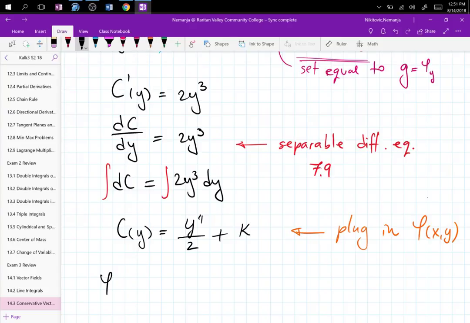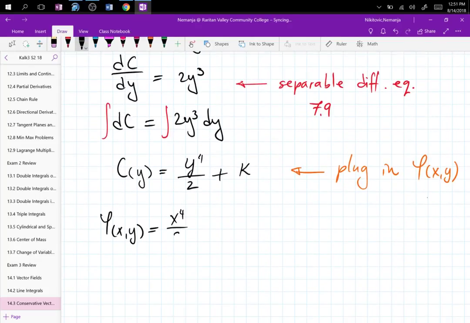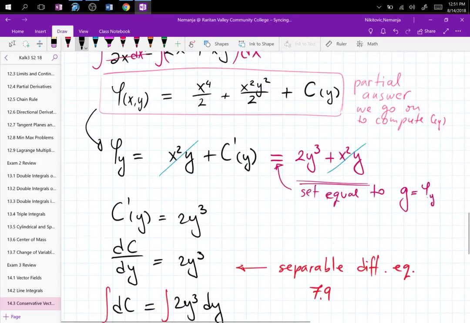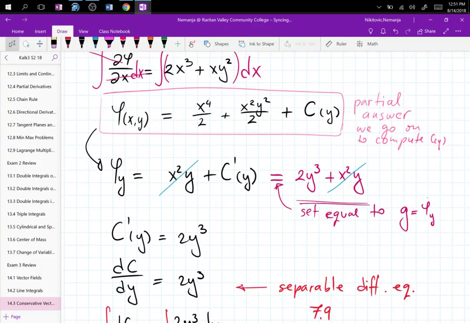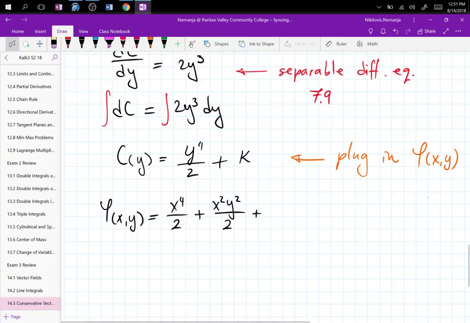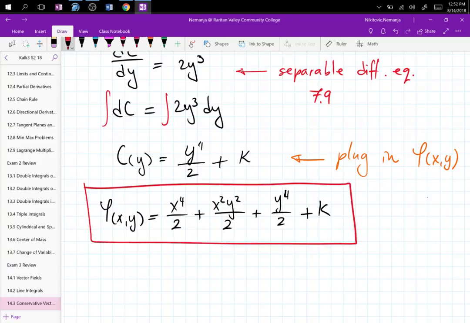So the answer is phi of xy is equal to, go back where we circled it, x to the 4 over 2 plus x squared y squared over 2 plus, and now it says c of y. We just calculated c of y. It's y to the 4 over 2 plus k. This is the full answer. So that's the answer. There's your potential function.